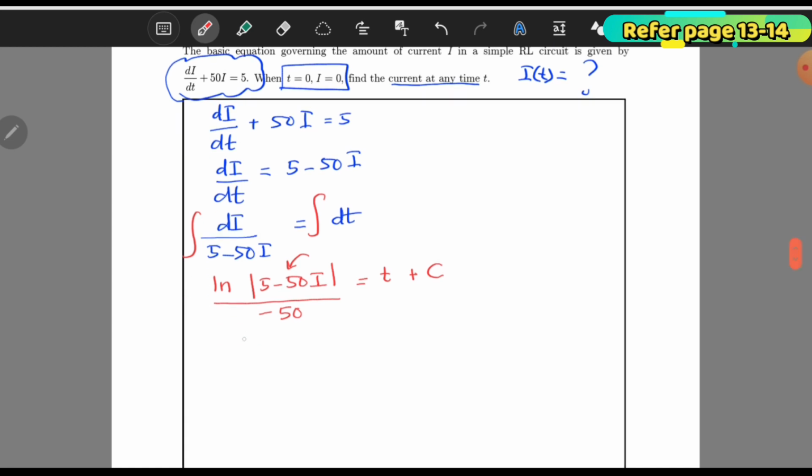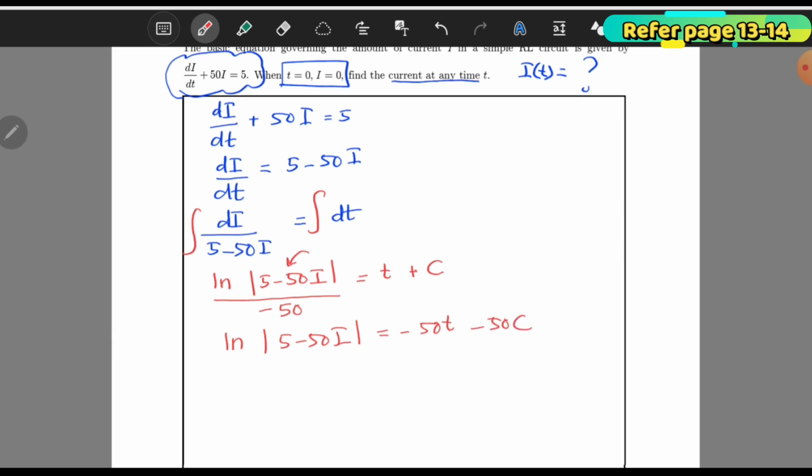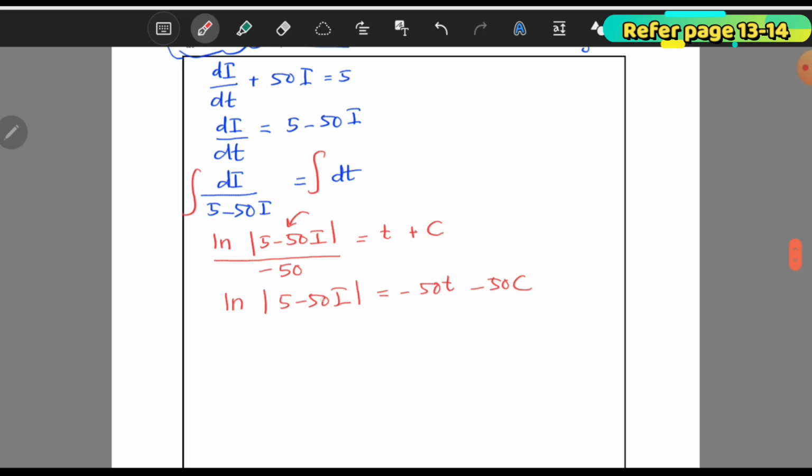Next, we have ln 5 minus 50i equal to negative 50t minus 50c. By taking exponent for both sides, we have 5 minus 50i equal to exponent negative 50t minus 50c.